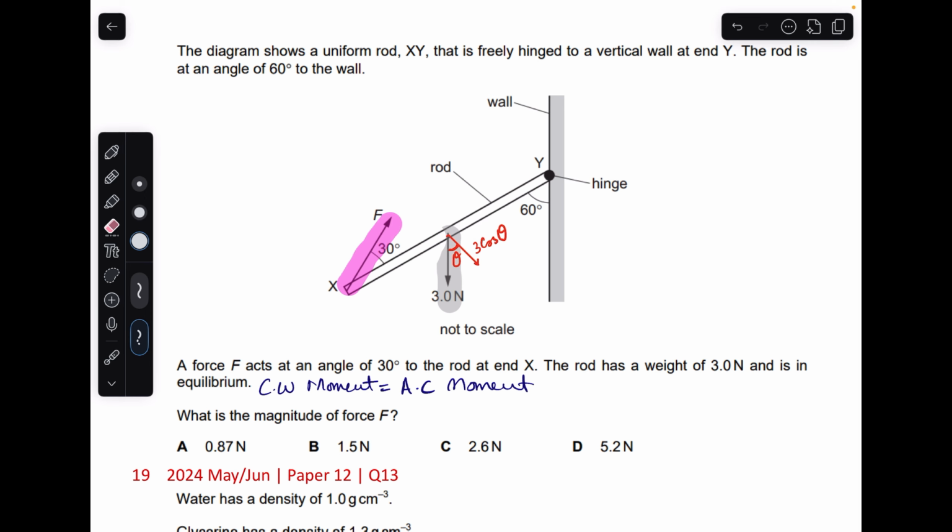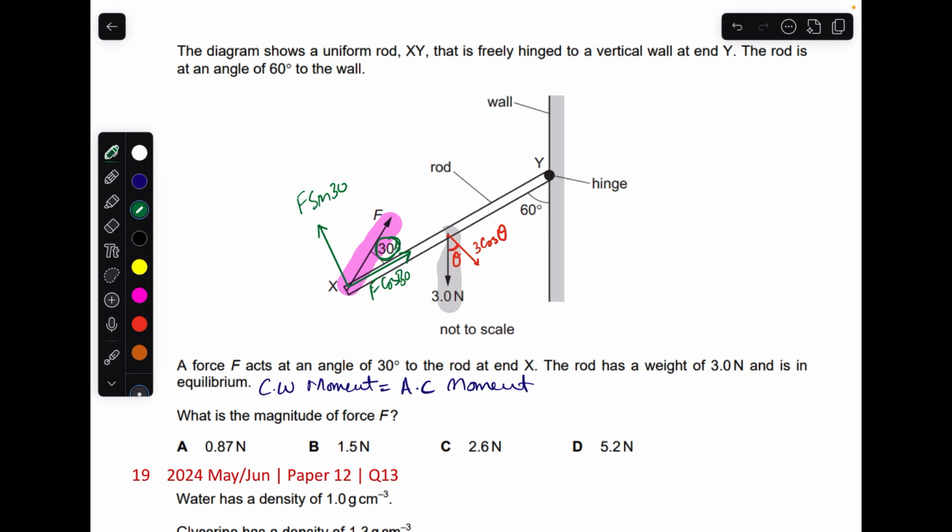Okay, and when we look at the force F, it will also have two components. One will be like this, the other one like this. Same here: this is F cos 30, and this will be F sin 30. This 30 is given, right?